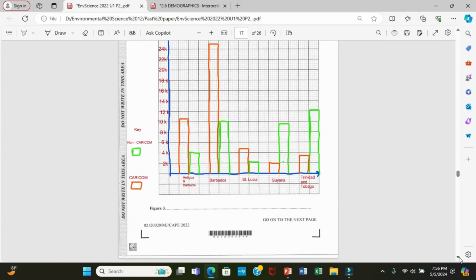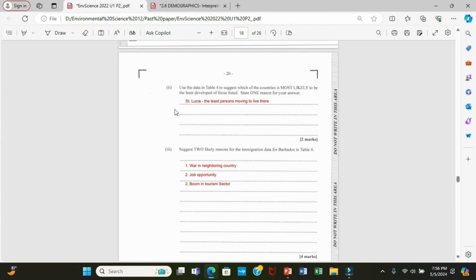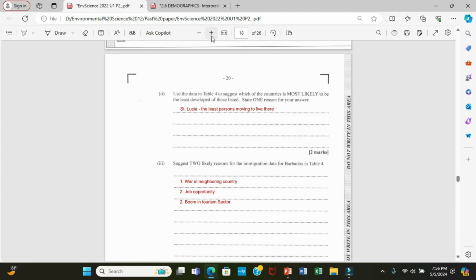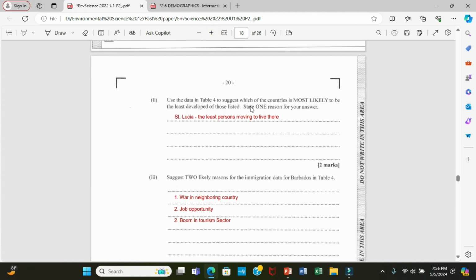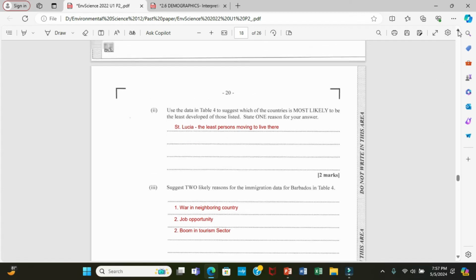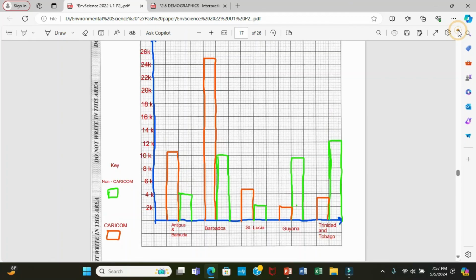Let's move to the next question. It says use the data in Table 4 to suggest which of the countries is most likely to be the least developed of those listed. State one reason for your answer. What I got from it was St. Lucia, the least persons moving to live there. Remember, guys, if persons are not coming into your country, it means development there is very poor.